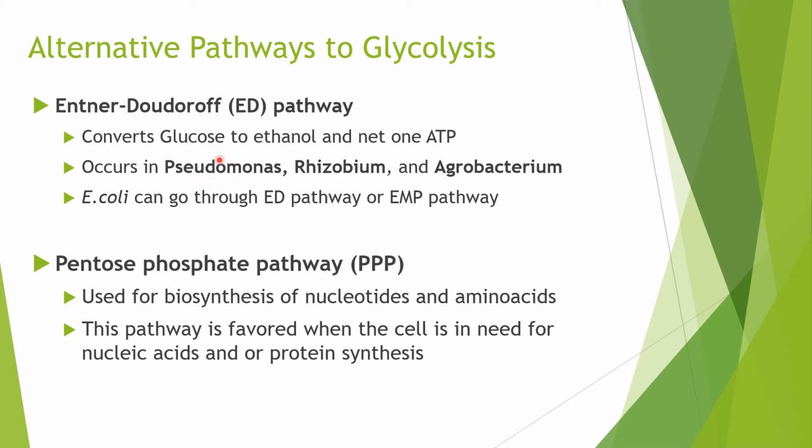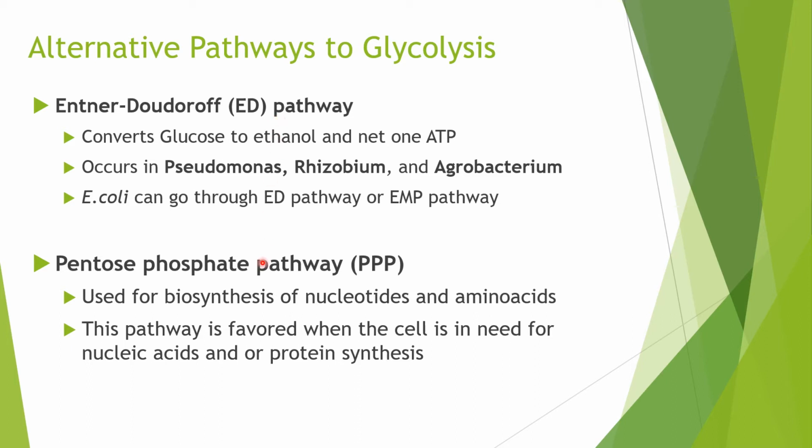Bacteria such as Pseudomonas, Rhizobium, and Agrobacterium are able to go through the ED pathway. And some bacteria, such as these three groups, are only capable of going through the ED pathway. They don't go through any other pathway.